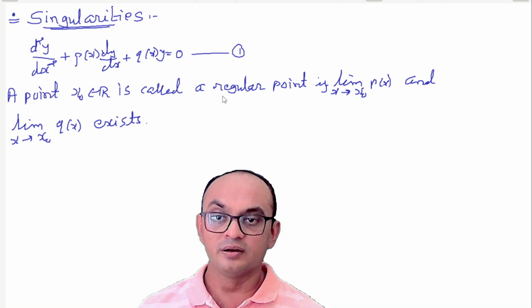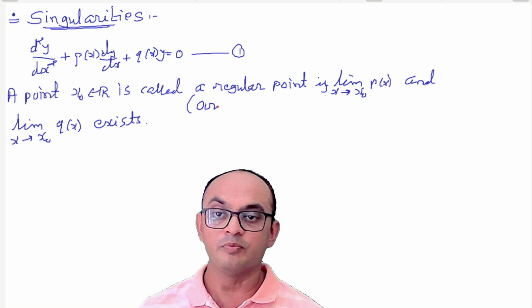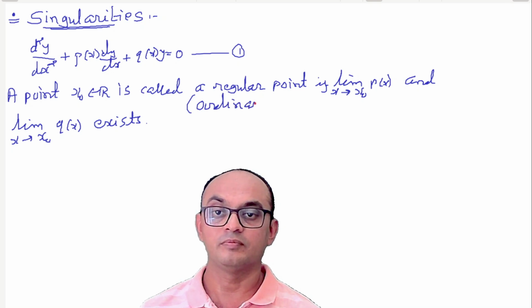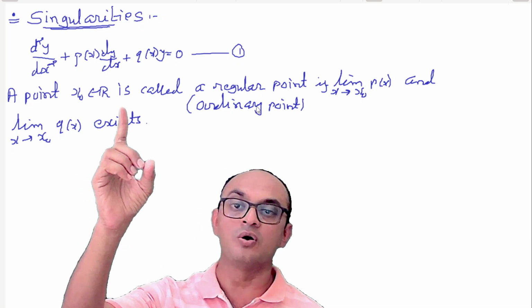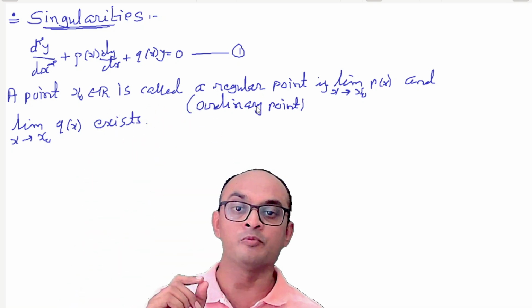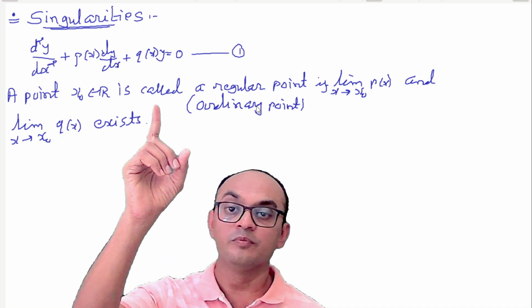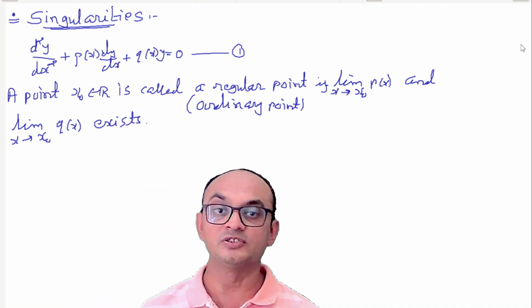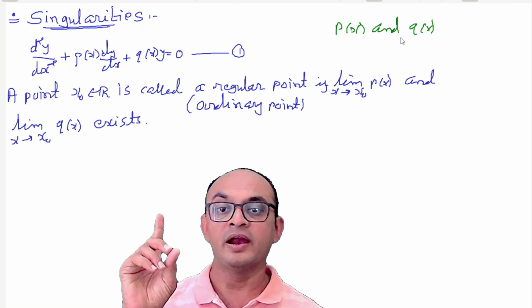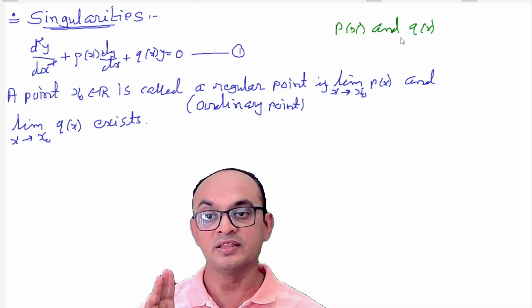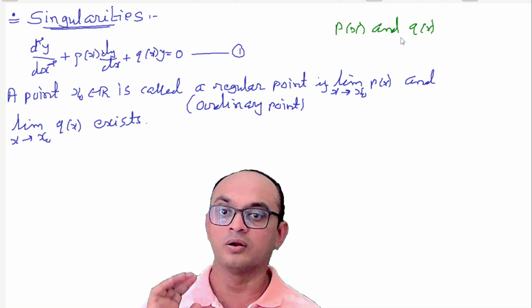This regular point is also called an ordinary point. So a point x0 is called either a regular or an ordinary point if the limits of p(x) and q(x) exist. For these two given functions p(x) and q(x), both must have a limit at point x0. Then we can say that the point is an ordinary point or regular point.